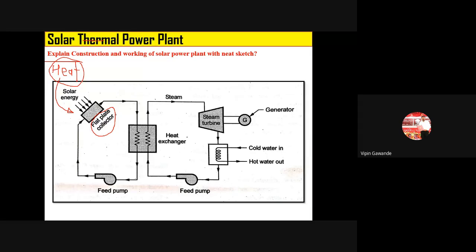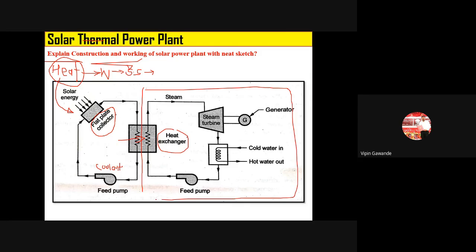Then that heat is used for the conversion of water into superheated steam. Using the coolant, the heat is transferred to the water in the heat exchanger, and water is converted into superheated steam. Then the superheated steam uses this right hand side circuit, and we get generation of electricity.